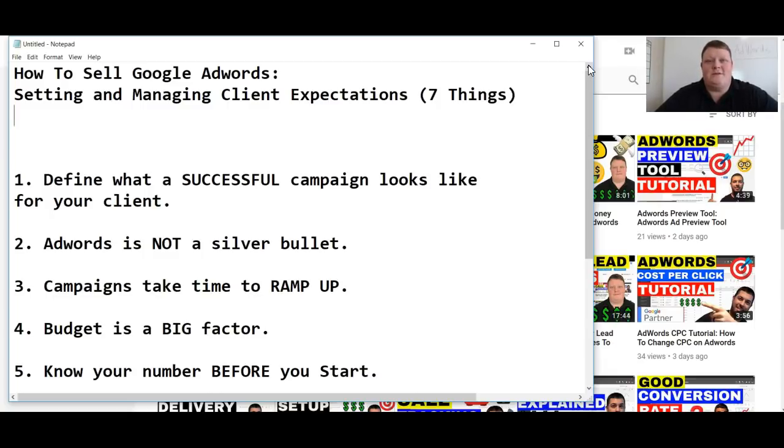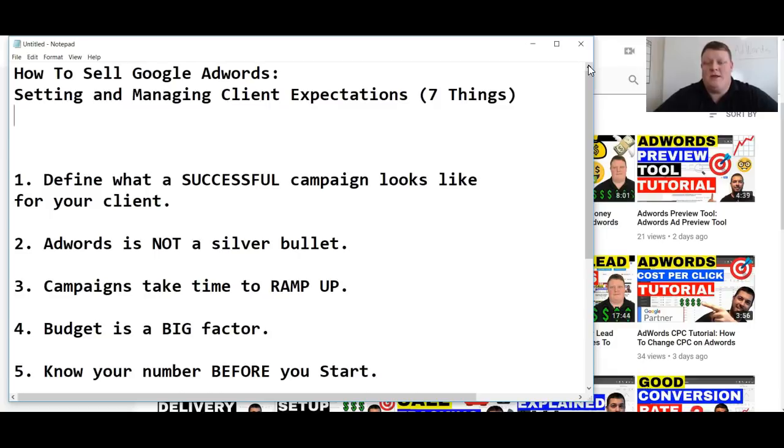The reality is it's a market, okay? Just like the stock market, you've got ups and downs, you've got expansion, you've got contraction, you've got different competitors entering the market, raising up bids, lowering bids, changing bids. There's a lot of different factors that go into a successful AdWords campaign. So these are all things you've got to take into account and really let the client know about. AdWords is not a silver bullet. It does not save your business.